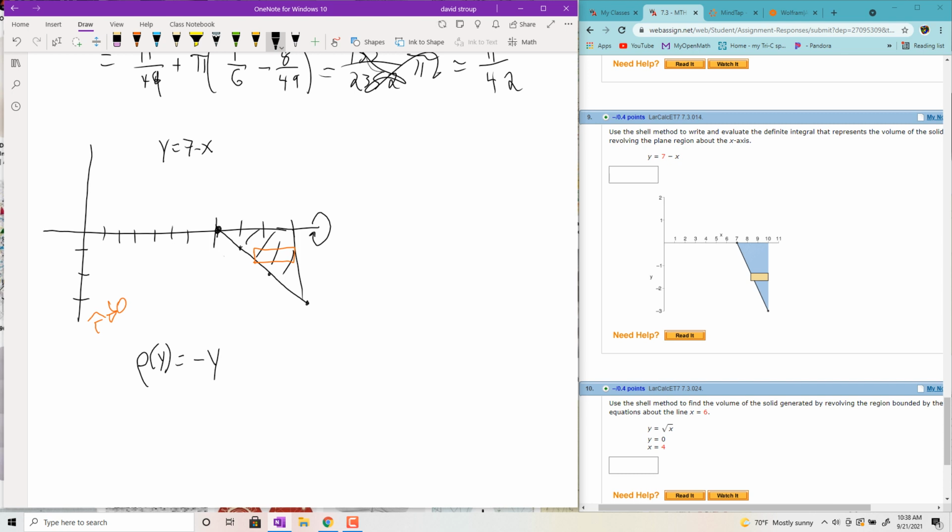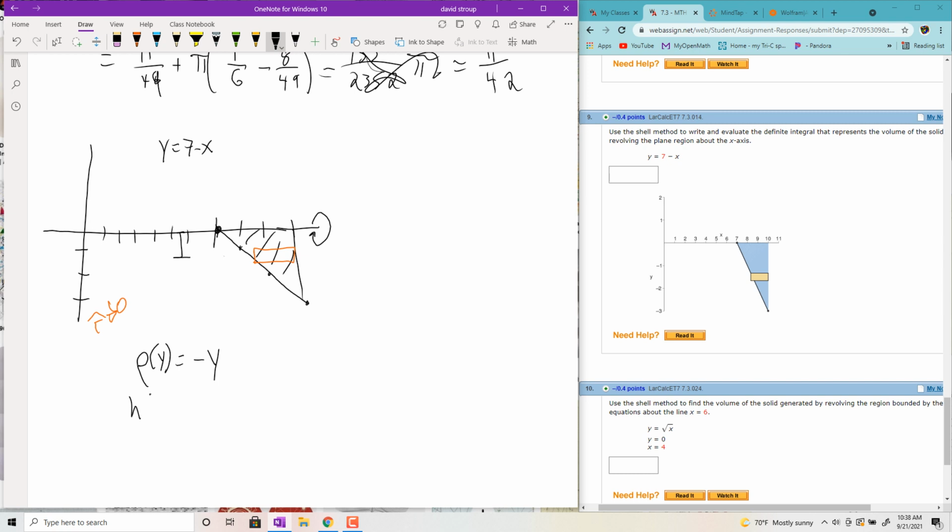Because these positions the Riemann man is first hitting are all negative. It's a negative distance from here to the rectangle, and you need it to be positive for the radius function. So when you multiply it out, you get a positive number.